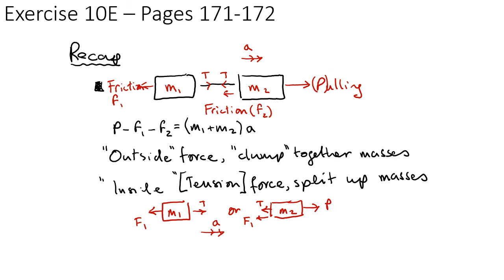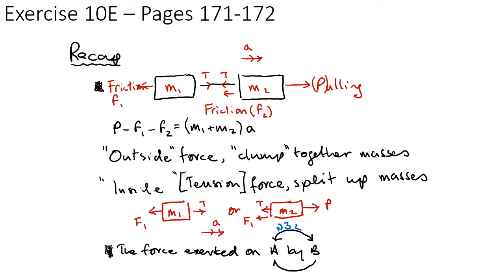And if you're doing a question and it's difficult to work out, let's say the force exerted on mass A by B, then you can use Newton's third law to swap these around. Okay, so Newton's third law will allow you to say, let's swap that around. Is it easier to find the force exerted on B by A?